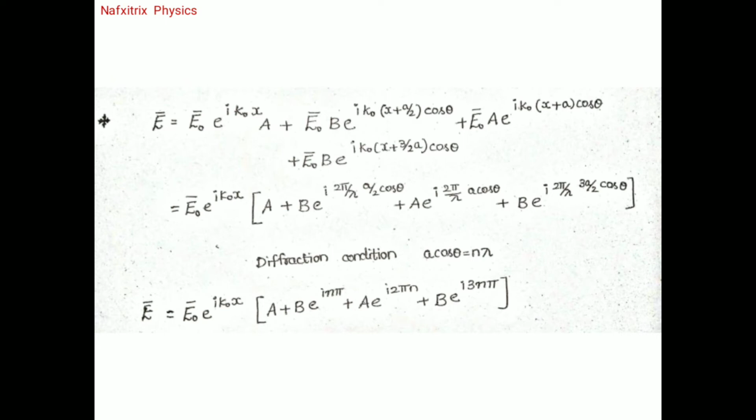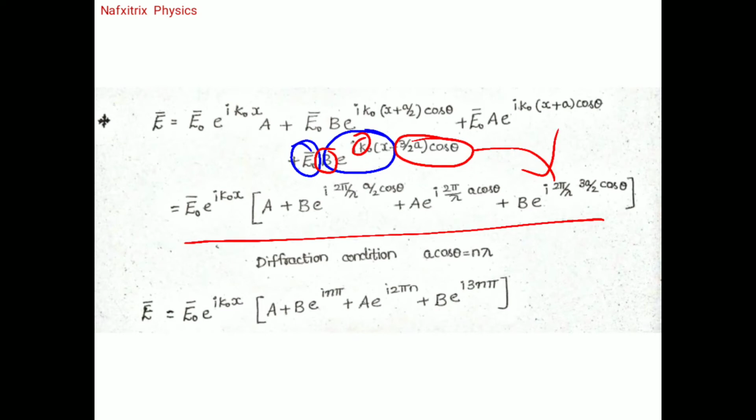And in the next step, e power i k naught x in b, if it is taken out, what will remain is this b and this 3 by 2 a cos theta, e power i k naught into 3 by 2 cos theta. So that one we have mentioned here. So finally we would have this form.